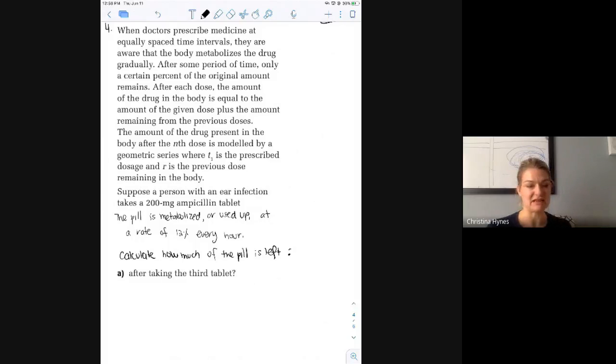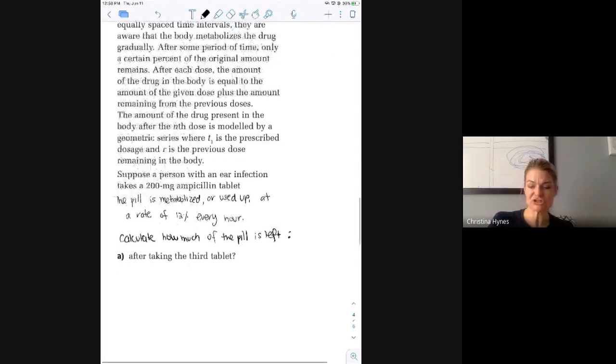What we want to write down is this information here: 12% of the pill is metabolized. I encourage you to do this for your assignment too, and figure out what's metabolized. If you take 100 minus 12%, what do you get? You get 88%. So this is how much is left over.